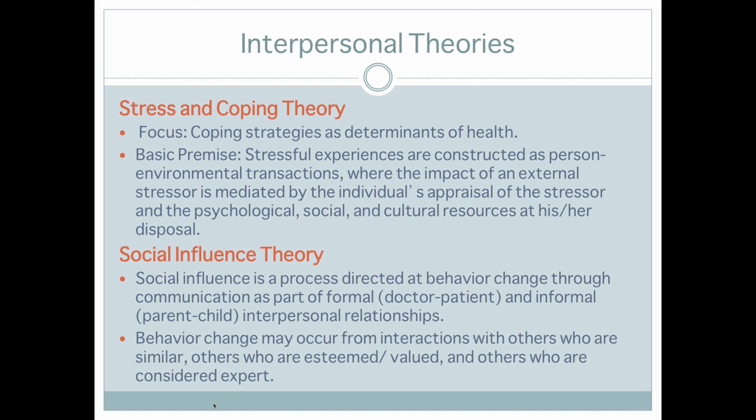The behavior change under social influence theory occurs through interactions, and the interactions can be with others who are similar. So you're more likely to change your behavior when you see that behavior change in somebody who is similar to you.